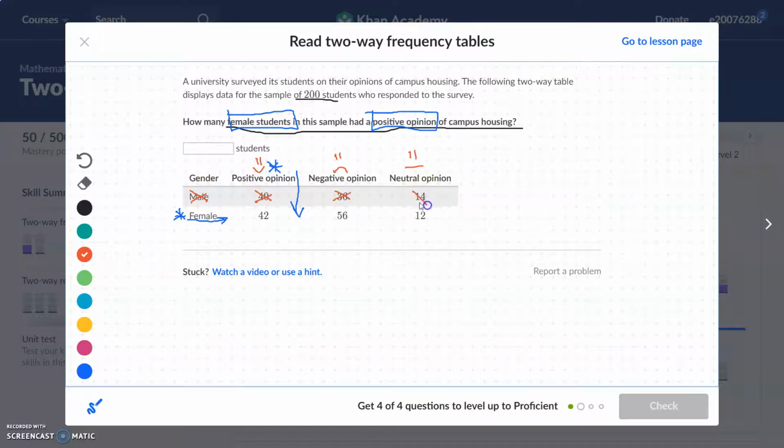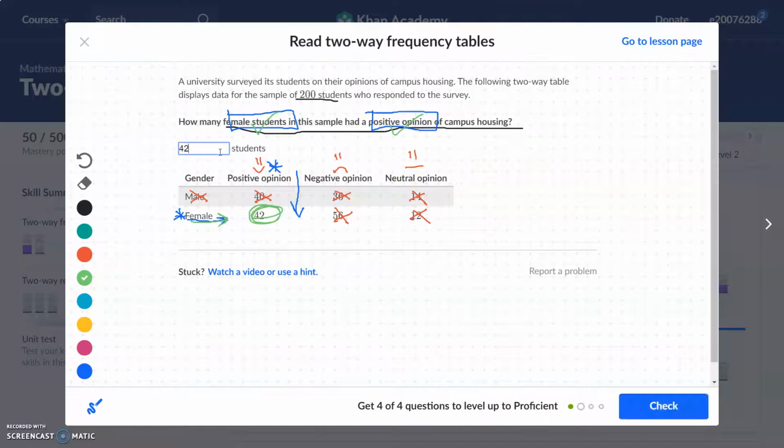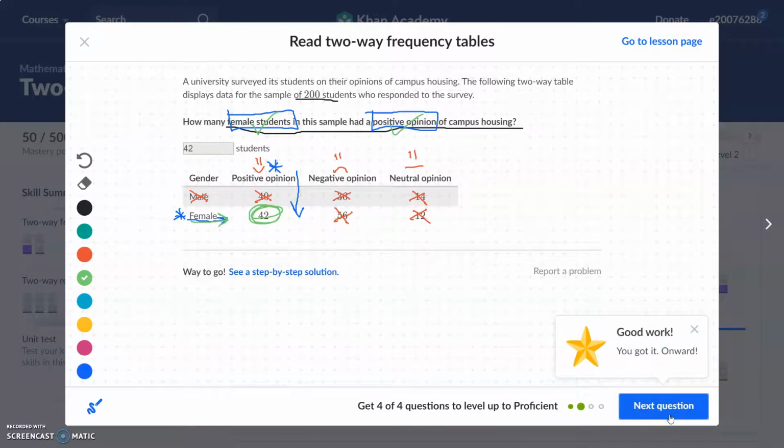No males. We don't want any negative opinion. We don't want anything from neutral. We only want the female gender and the positive opinion. So female students, positive opinion, together is 42. So we put 42 in our little box there. Got that one right.